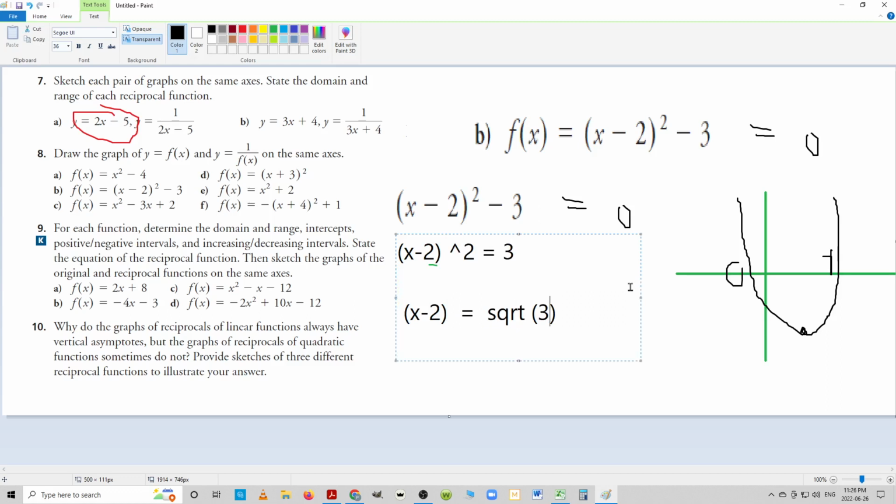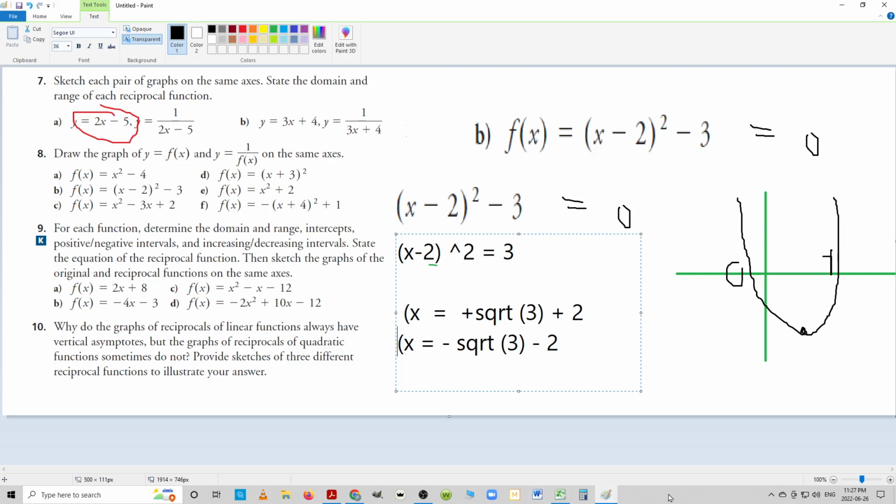And by the way, when you square root both sides, we now have to add a plus, and x minus 2 is also equal to a minus version of it. We solve for each individually. We simply add 2 to this, and we subtract 2 from this. So these will be our x-intercepts, but they will also be our asymptotes.